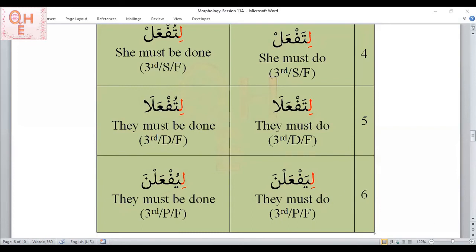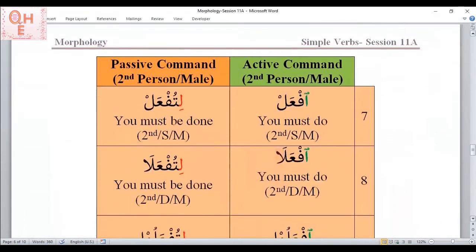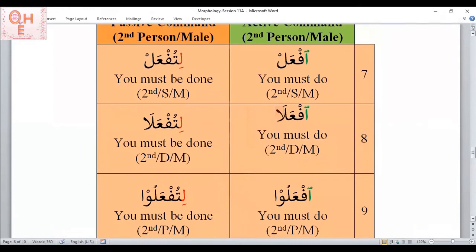Okay. Now let's look into second person. Second person male group. For the second person, as it was mentioned at the beginning of the session, there won't be any lam kasra li. Also, there won't be any prefix. You can see there is no lam kasra li and there is no prefix.